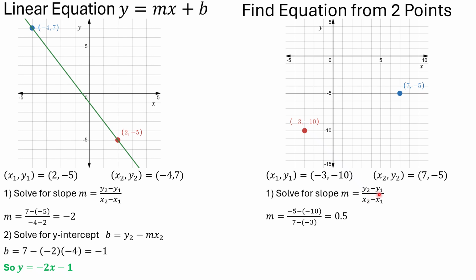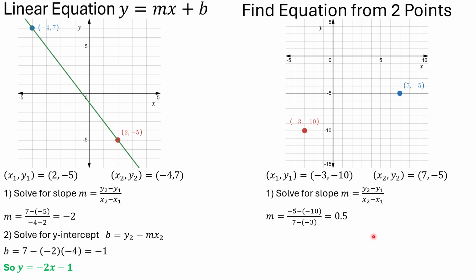So y2 minus y1, that's -5 minus -10, over x2 minus x1, 7 minus -3. So this numerator, I have -5 minus -10, or 10 minus 5 is 5, divided by 7 minus -3, or 7 plus 3, which is 10. So 5 over 10 will give me 1/2.